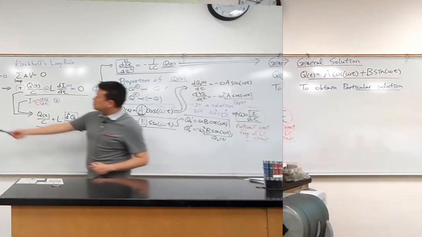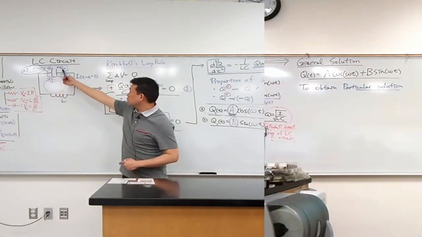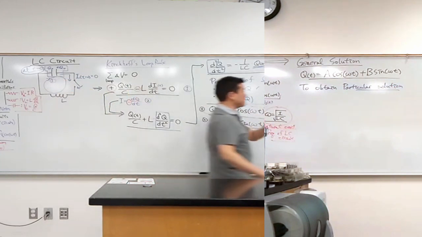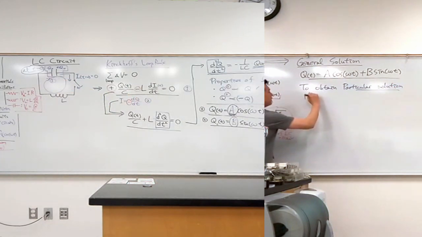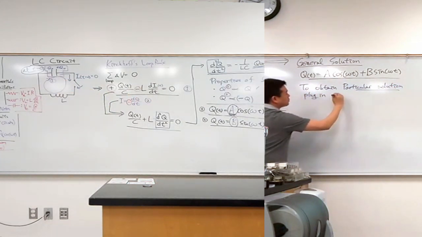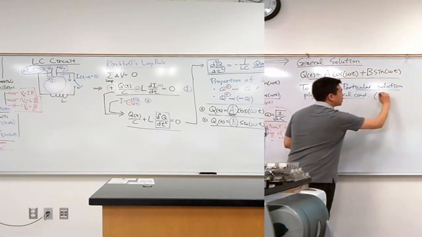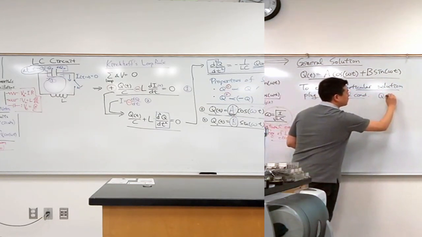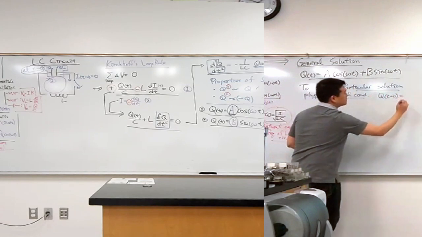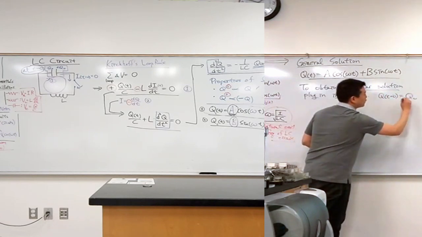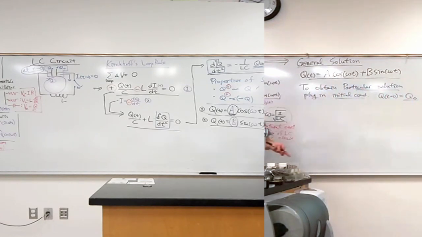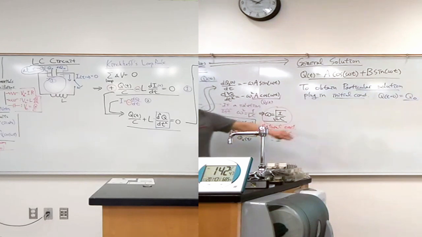It said that charge is equal to this at time equals 0. So we need to plug in the initial condition. In our problem, that would be the charge at time equals 0 is the amount of charge that was initially on the capacitor. So when we plug in this set of information, this is what we end up with.